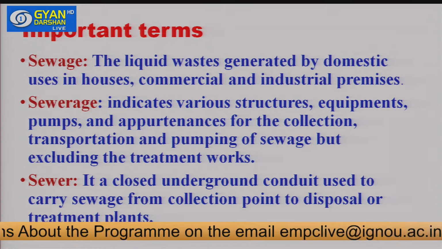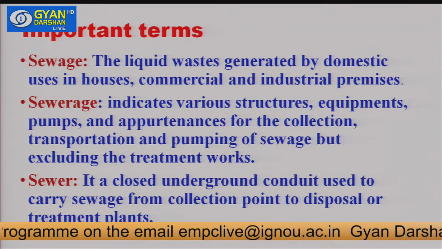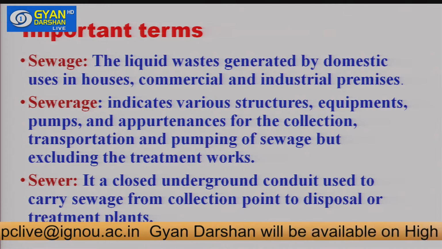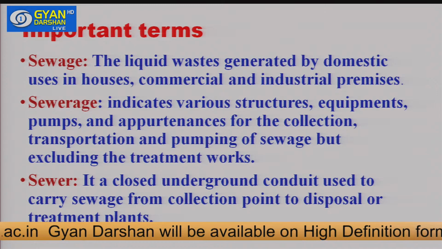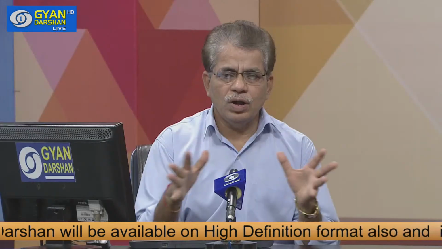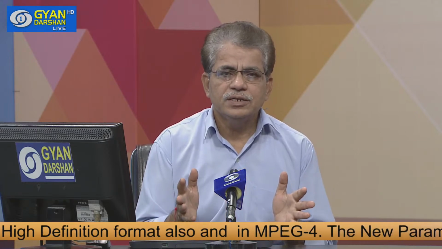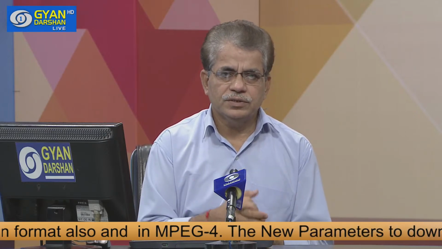Only collection and transportation. All these structures or appurtenances used for collection and transportation of the wastewater are called the sewerage. So this is the difference between sewage and sewerage.